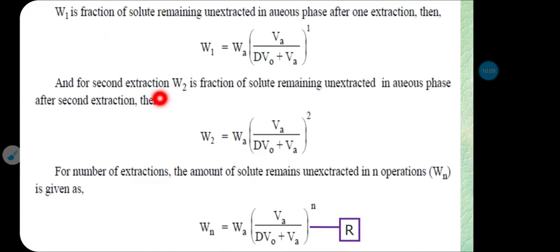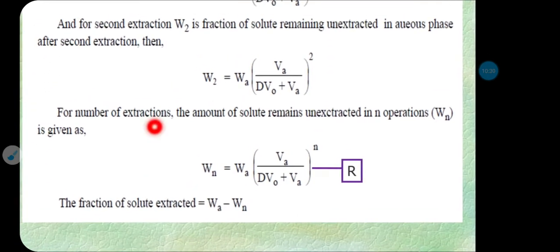For the second extraction, W2 is the solute remaining unextracted in the aqueous phase after the second extraction. Then W2 is equal to Wa, initial concentration, bracket Va upon D into Vo plus Va raised to 2, that means second extraction.